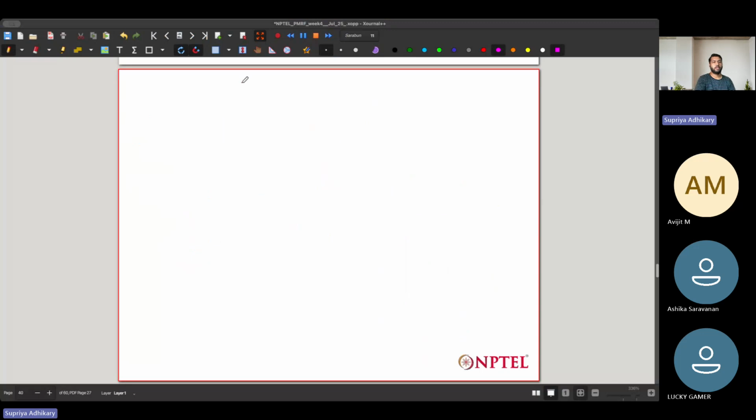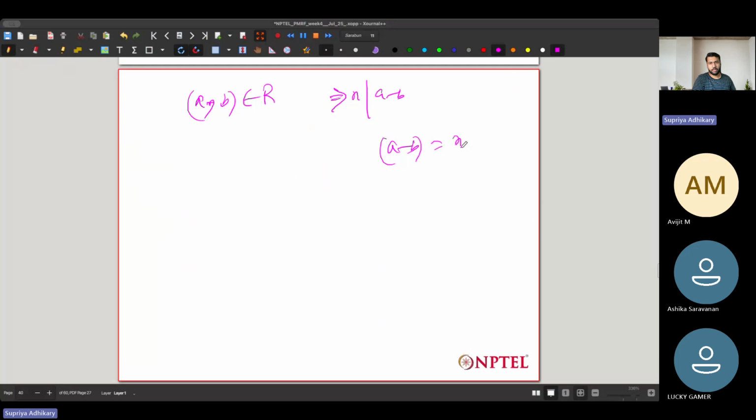What about symmetric? So let's say that (A, B) is in the relation R. So that implies that A minus B is divisible by n. Now if A minus B is divisible by n, what can we say about that? A minus B is actually equal to some n t, where t is some integer.